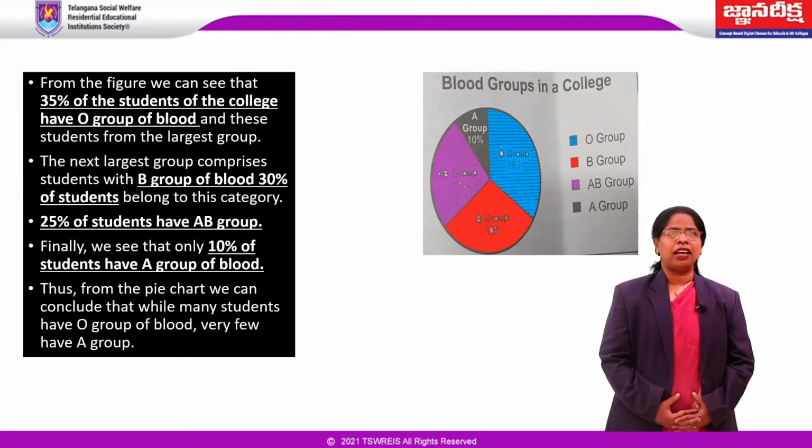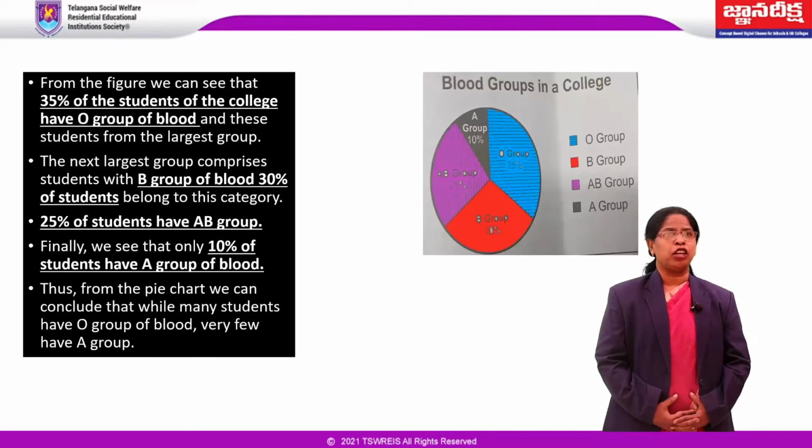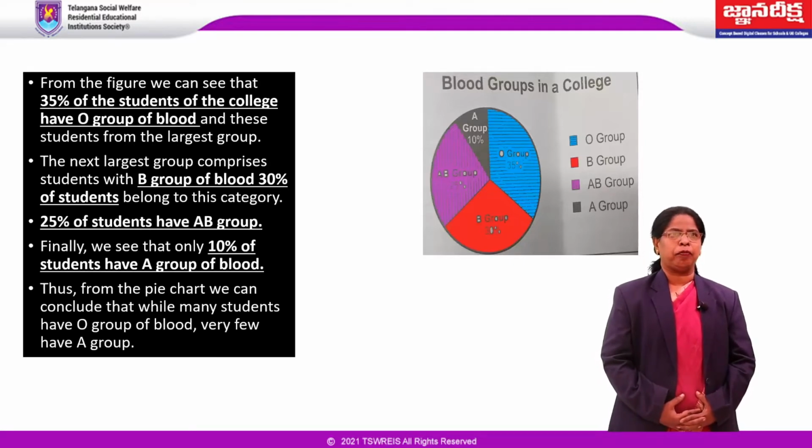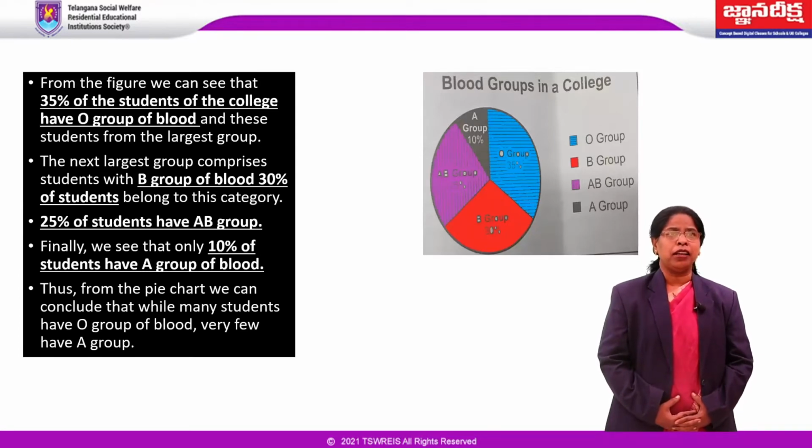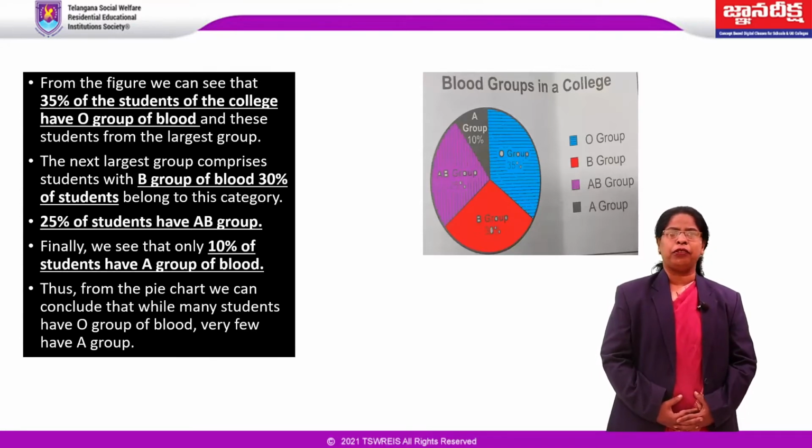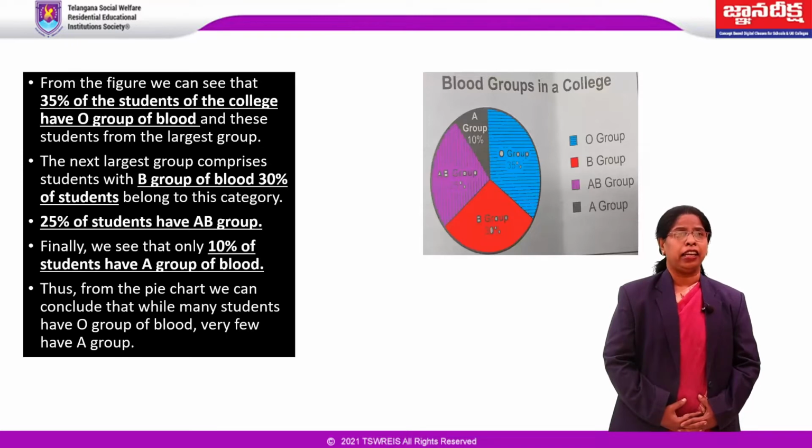The next largest group comprises students with B group of blood, that is 30% belong to this category. 25% of the students have AB group, and finally we can see that 10% of the students have A group of blood. Thus, from this pie chart, we can conclude that while many students have O group of blood, very few are having only A group.